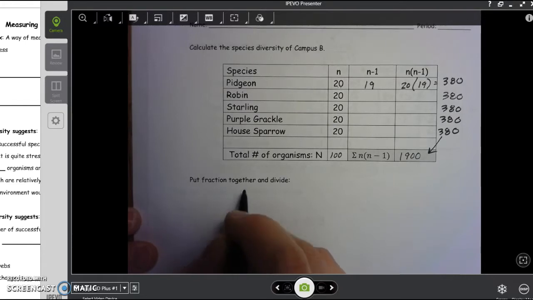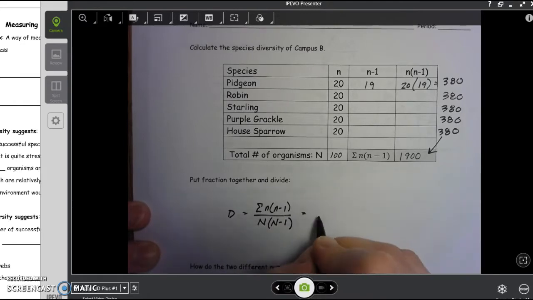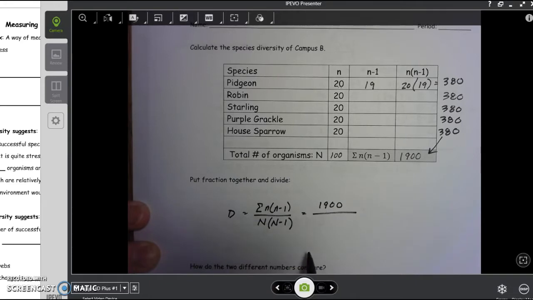So if we have our equation, we figured out the top, which is 1900. The bottom is going to be 100 times 99.